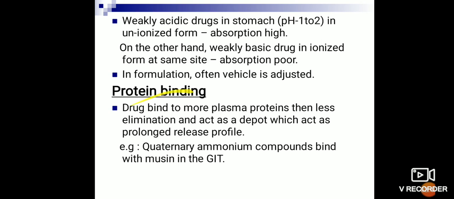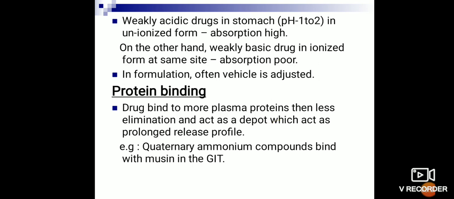Another factor is protein binding. The more the drug binds to plasma protein, the less the elimination, and it acts as a depot, which acts as a prolonged release system. For example, quaternary ammonium compounds bind with mucin in the GIT. This is only possible in reversible protein binding. If it is irreversible, then we do not consider it a depot system.